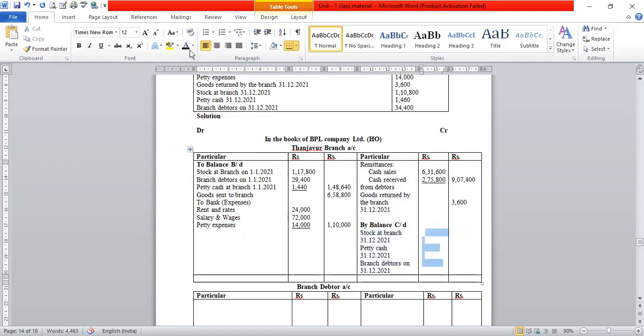So the values are, first one is 1,10,800, 1,460, and 34,400. Altogether, the values are 1,46,660. So evenly, the next step, வேற எந்த இதுவும் இல்ல.